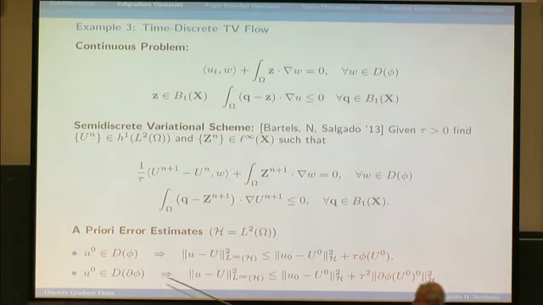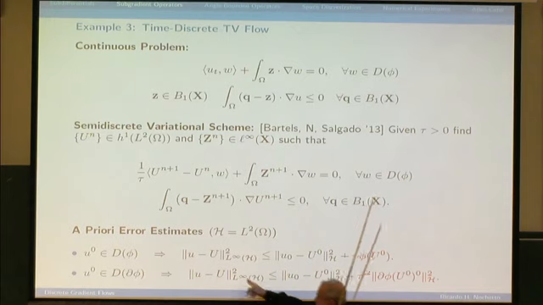If the initial condition happens to be in the domain of the subdifferential, which is a very non-obvious gadget for the TV flow, a very rich convex set, it's not obvious what this means, but if you happen to be, then the rate is linear. Okay, you see tau squared here because we have a square of the norm.